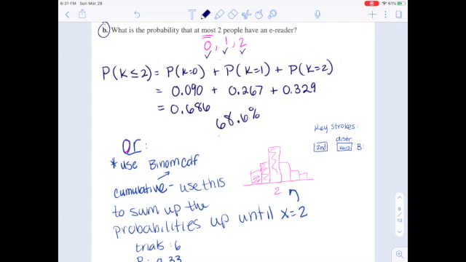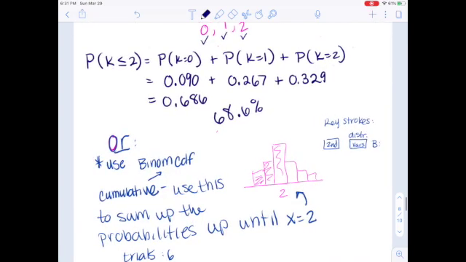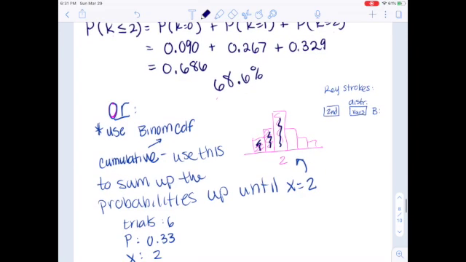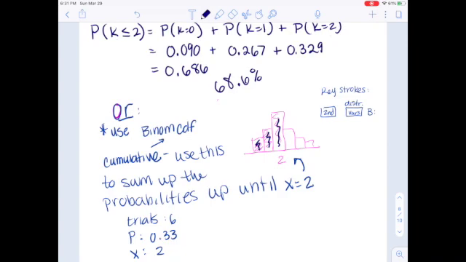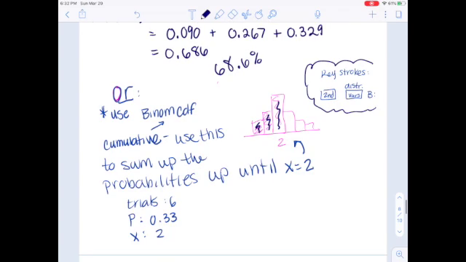Instead of our discrete PDF, we're doing CDF for the binomial, which stands for cumulative. I just rough sketched up until 2, so we're going to use binomial CDF. You go second vars to get to the distribution. It's in the same area as our binomial PDF, just one below it, and you're going to hit binomial CDF.